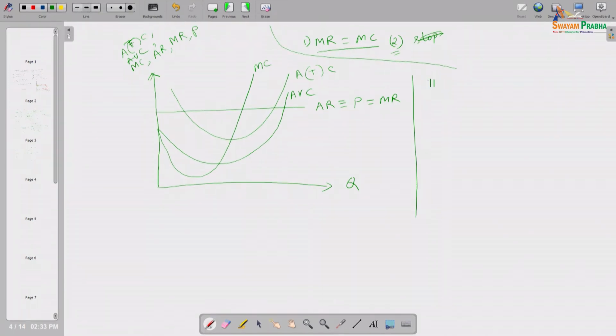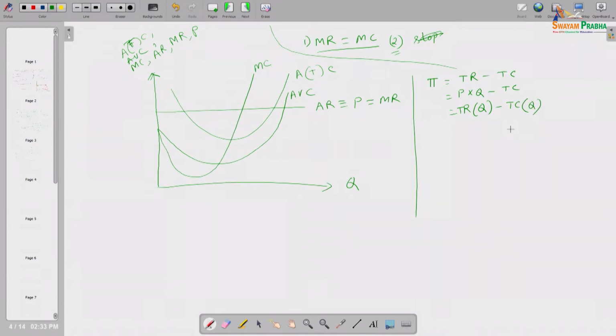Profit, usually denoted by pi, is basically total revenue minus total cost. Total revenue is price into quantity, which I am writing as a function of quantity, minus total cost.